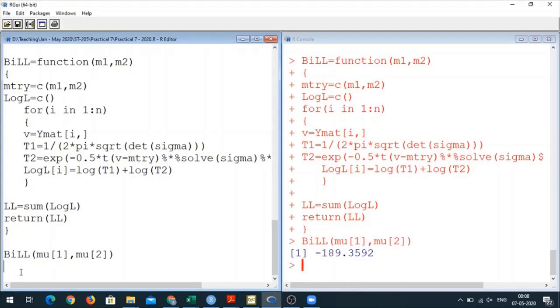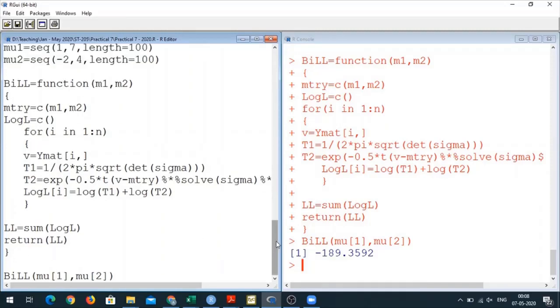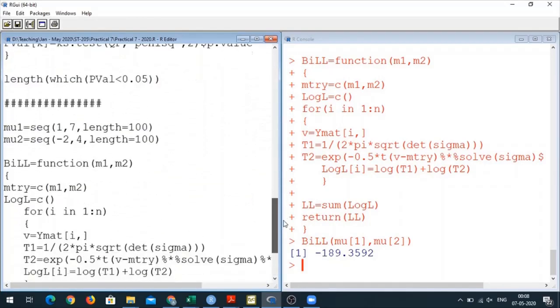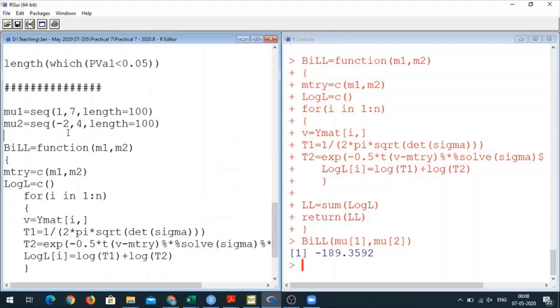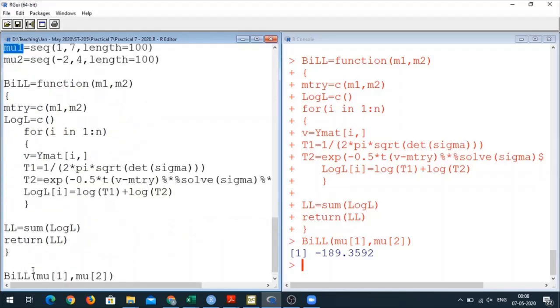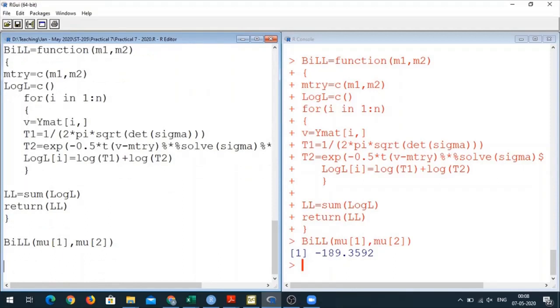Okay, I'm getting some value of log likelihood. Now I have to try many possible values between this given range of mu1 and mu2. If you remember, the outer command is going to help me do that. In the outer command, I'll consider all pairs of mu1, mu2 from this range, and then we will compute the log likelihood over them. So let us try that.